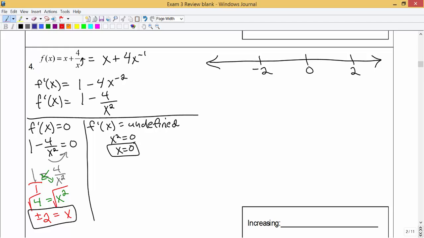Okay, so we're going to choose some test intervals here. To the left of negative 2, we'll choose negative 3 as our test value. We're going to plug that into our first derivative. And that will be 1 minus 4 times negative 3 squared.